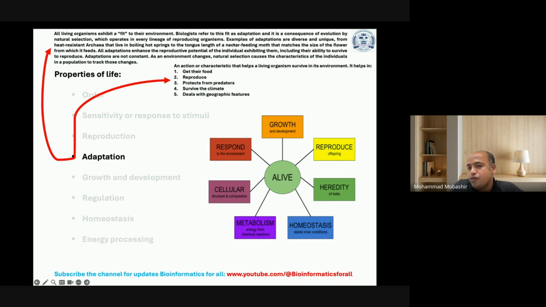Animals get their energy from consuming other organisms or plants or other things. Plants get their energy mostly from sunlight. That is the alternative way of defining the source of energy or energy processing. But this is for the basics, and of course, I will be discussing the details.